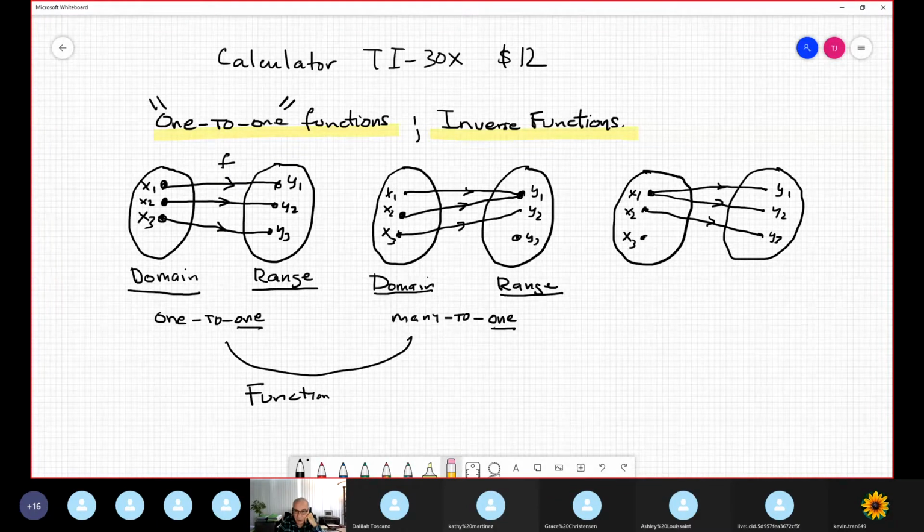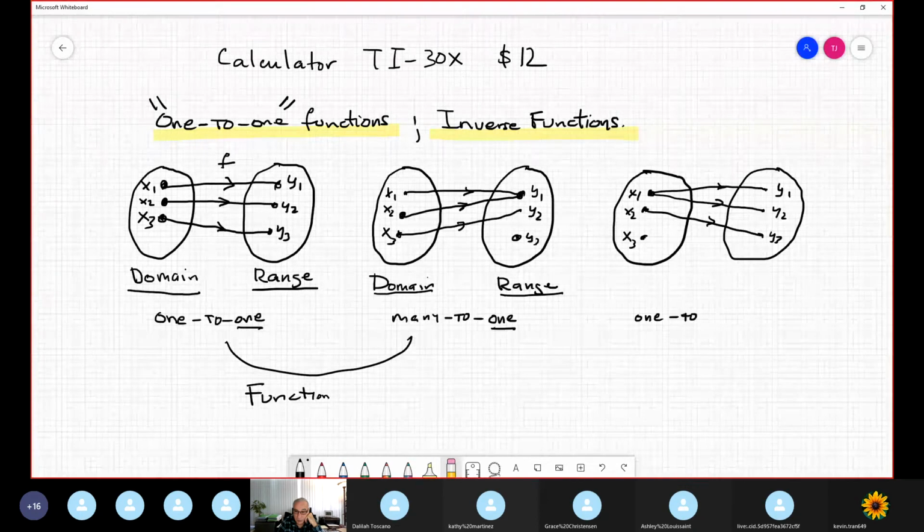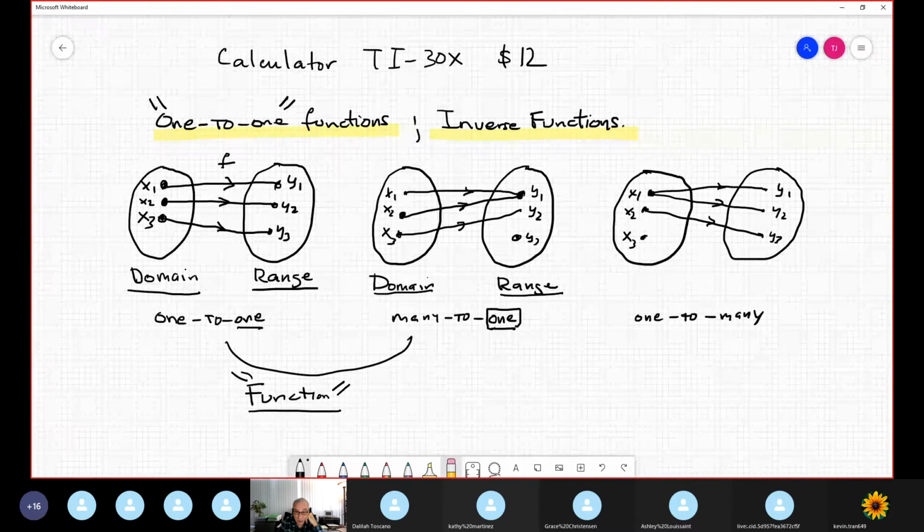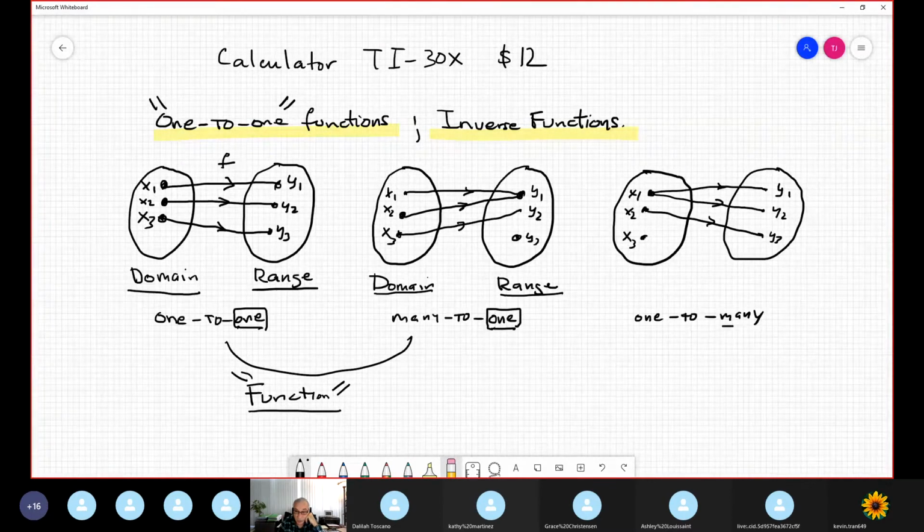This is typical one-to-many. And one-to-many is a violation because the definition of a function says that a relation is a function only when in the range you select only one. In this case, no, you select many. So this is not a function. This is a relation, of course, but not a function.